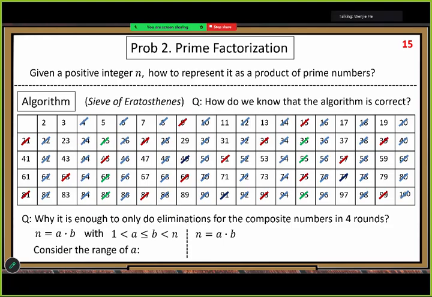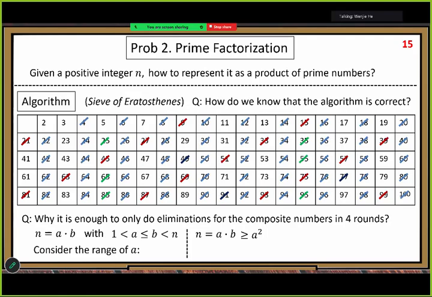Because N equals A times B, and we know B is greater than or equal to A. If we replace B by A, then the product becomes smaller. So A times B is greater than or equal to A squared.